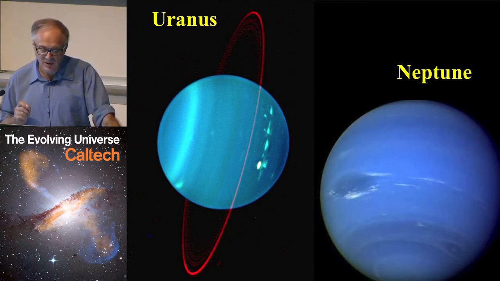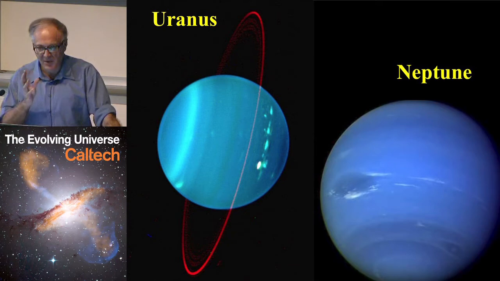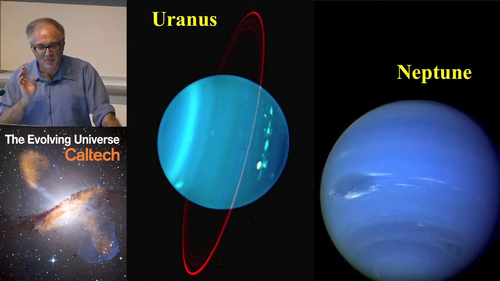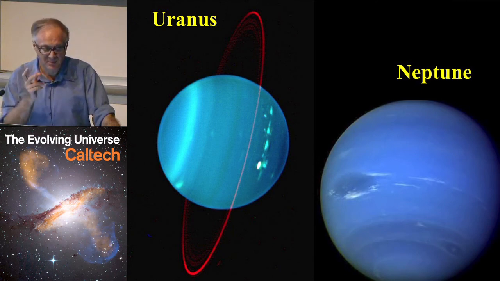One interesting thing about Uranus is that unlike all other planets in the solar system, which spin roughly in the same plane as the orbital plane, well, in Earth's case, that's tilted by 23 odd degrees, but by and large, most planets spin in the same plane, Uranus is almost orthogonal.